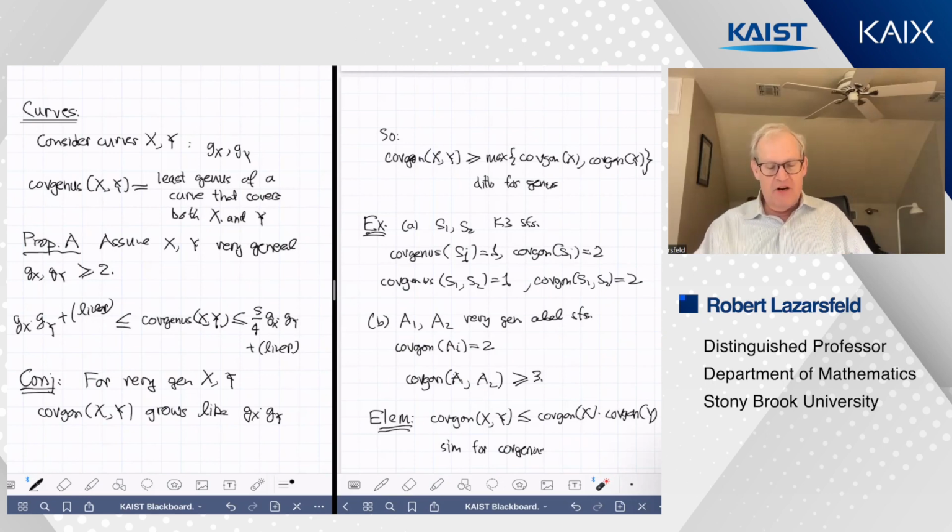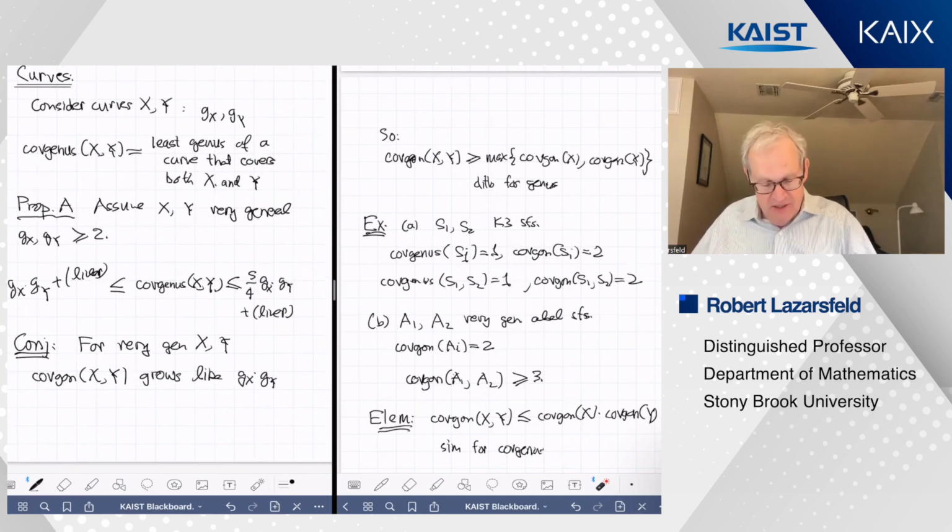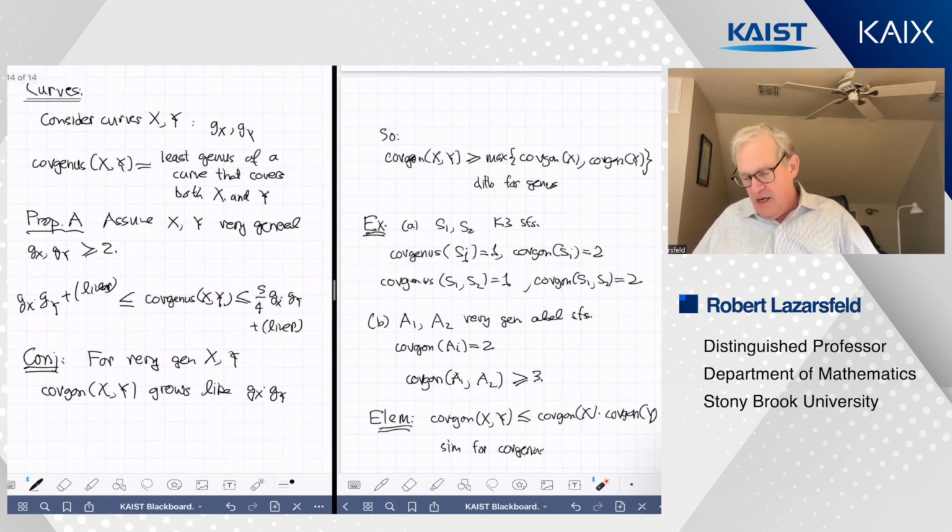So if I take a very general curve of genus gX and a very general curve of genus gY, the conjecture is that the smallest gonality of a curve that covers both is multiplicative in the genus. But we don't see how to say anything non-trivial.